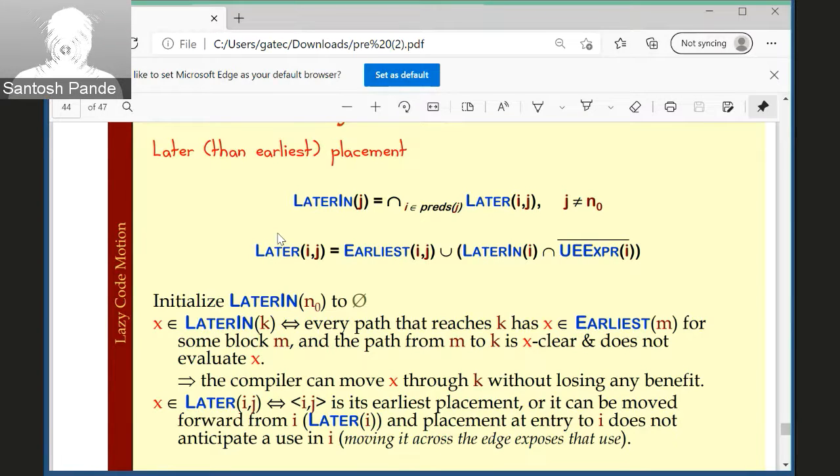So if it is later along all paths, we can sync it. If it is not later along some path, we must hold it right there in the later ij.